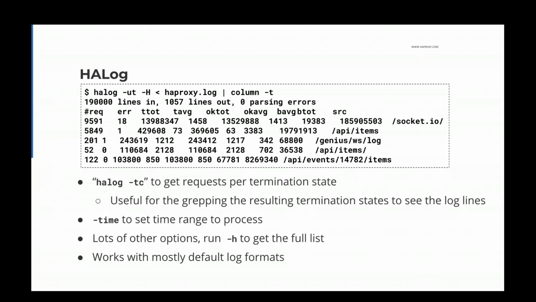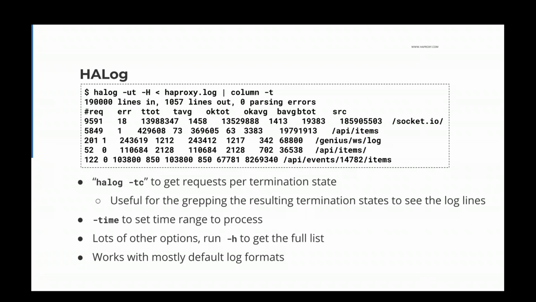You can also use halog -tc to get a summary of termination states, which is useful for then grepping particular termination states from the logs in order to see exactly why they are what they are.